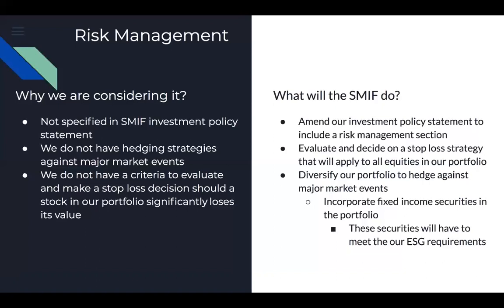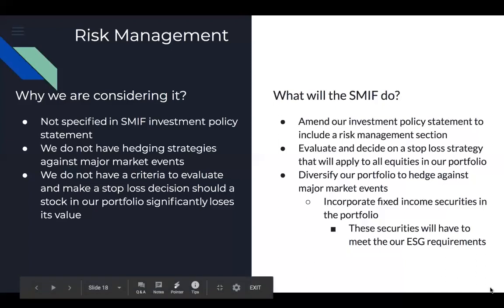That is because our portfolio has moderate risk and it's only made of equities right now, meaning we have no bonds or mutual funds in our portfolio, and that is something we plan to do to minimize the risk our portfolio is exposed to. The securities we'll buy will have to meet our ESG requirements, which is basically environmental, social, and governance requirements that we have in our portfolio, because part of our investment policy statement states that corporations that we invest in must have a good standing under this criteria.